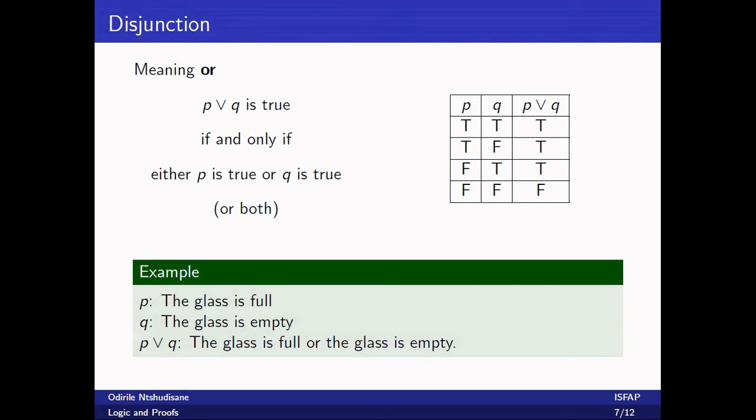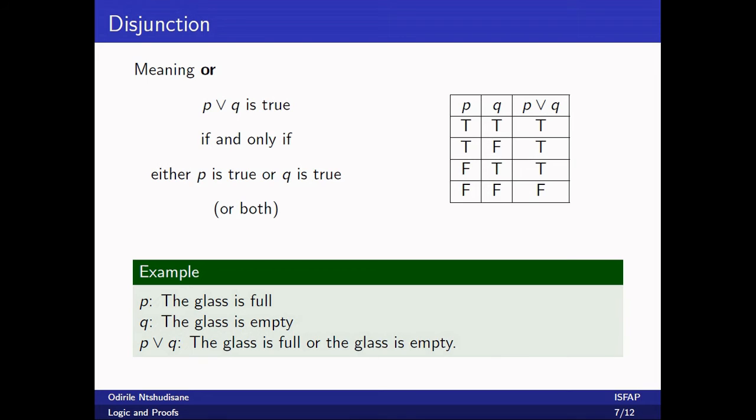Disjunction, meaning or. P or Q is true if and only if either P is true or Q is true, or both. Now the disjunction operator, the or operator, is different from our natural use of the word or.